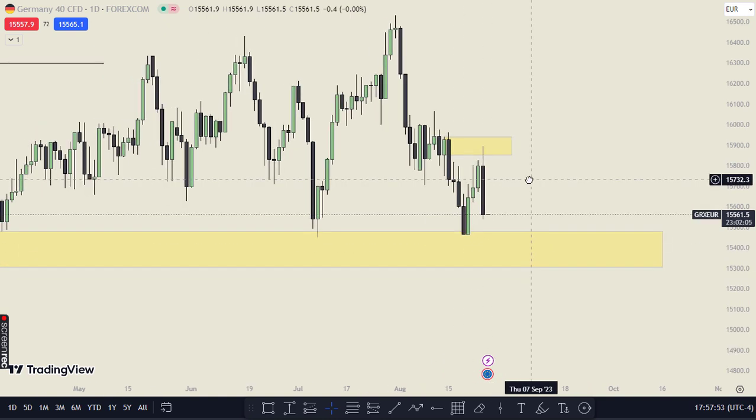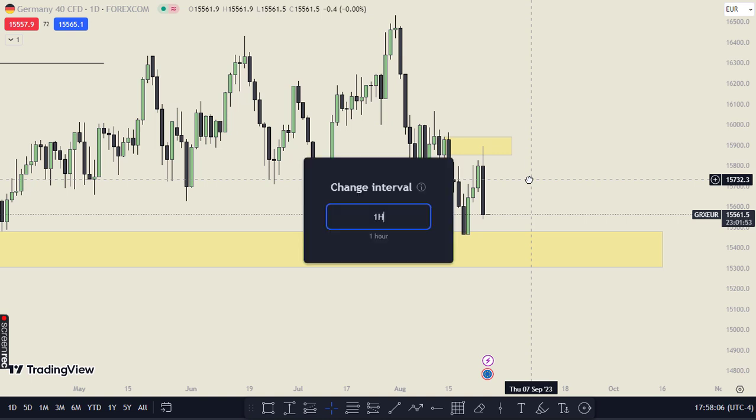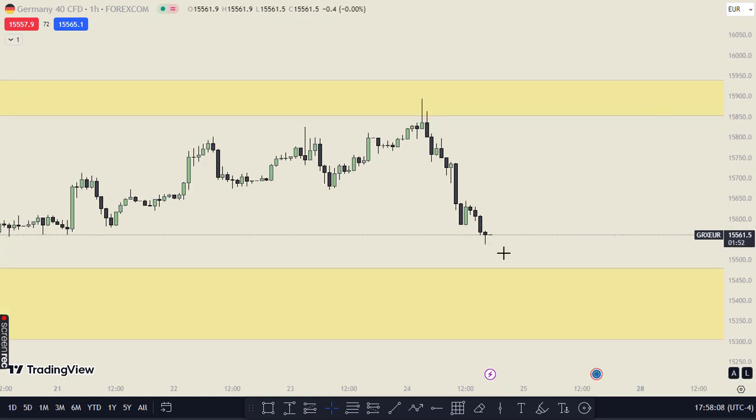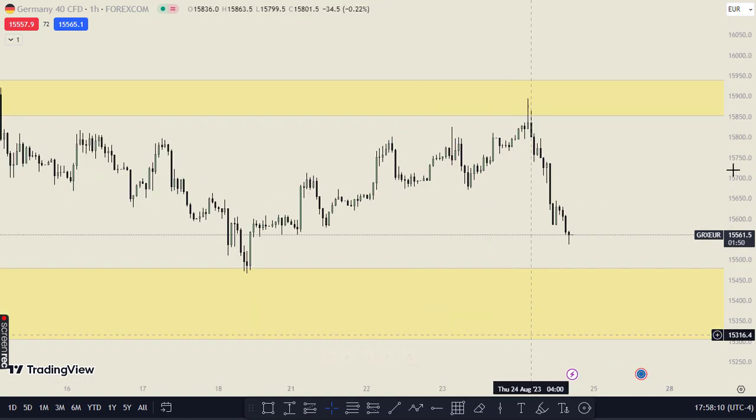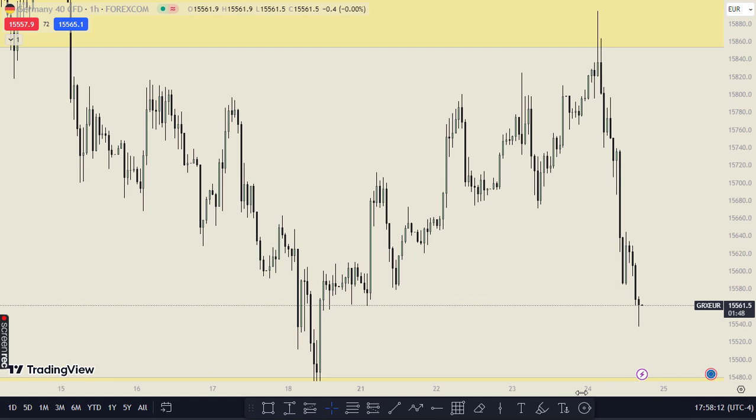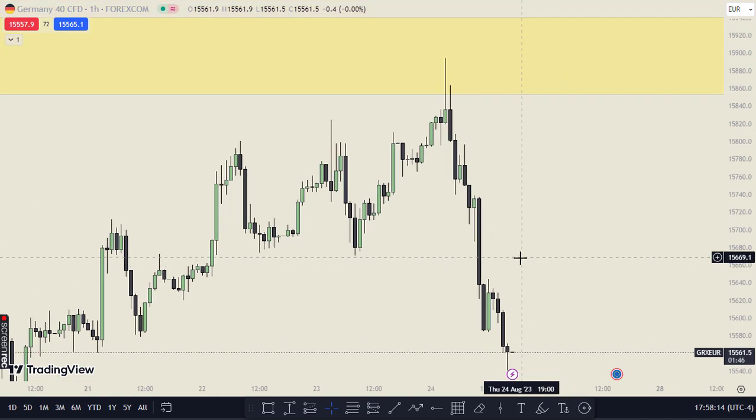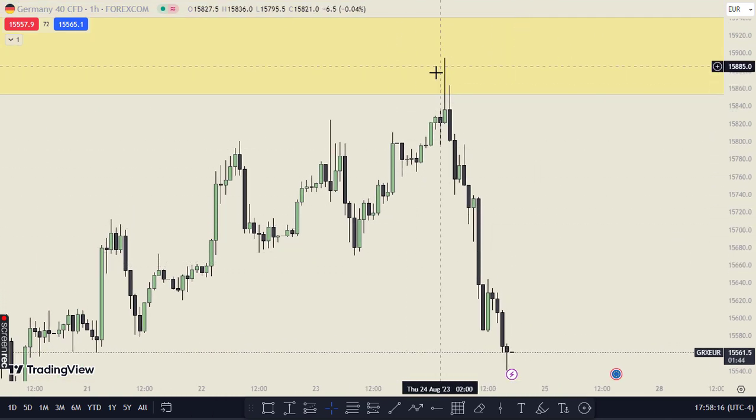So after confirming our buys in the daily time frame, we go to the lower time frames and try to find an entry. The next optimal time frame after the daily, I believe, is the 1 hour time frame. That's based on my journal. So on the 1 hour, what do we have? We can see that we have filled that order block right here, right?